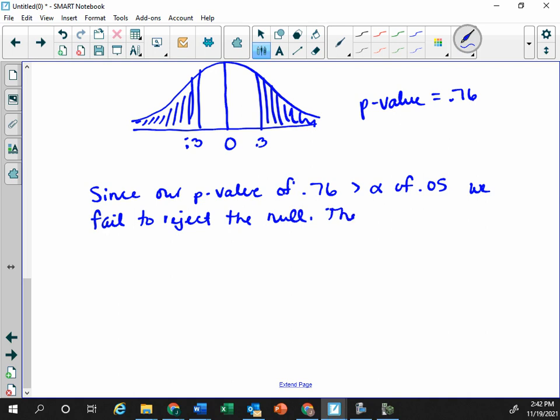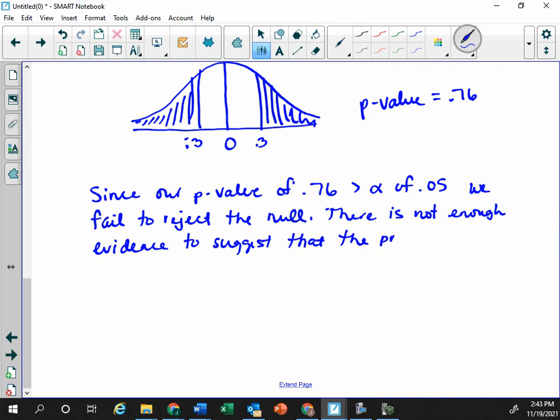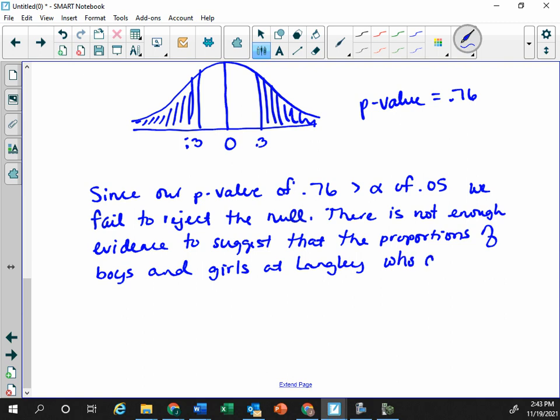There is not enough evidence to suggest that the proportions of boys and girls at Langley who dress up for Spirit Day are not equal. I'll let you write that, process it for a second, then we'll talk about it.